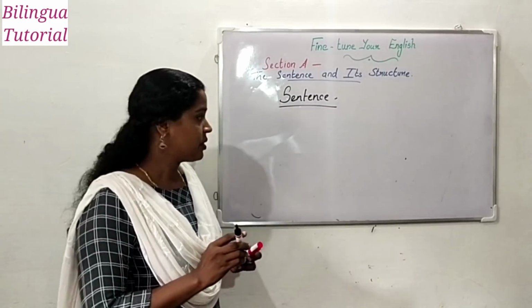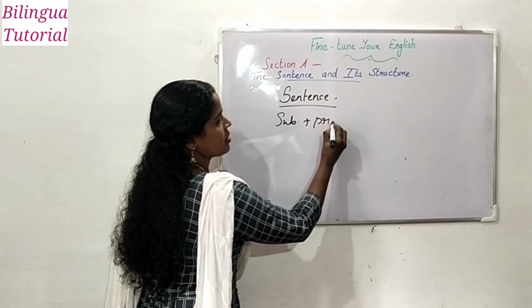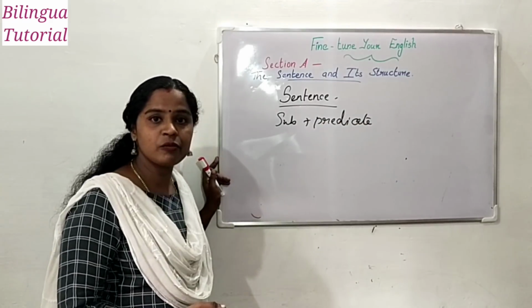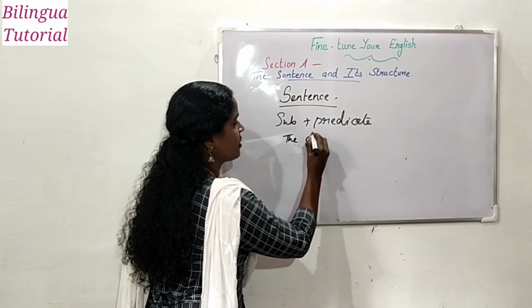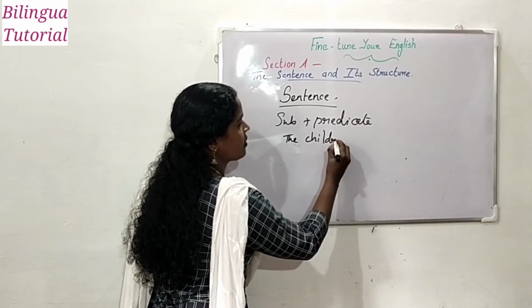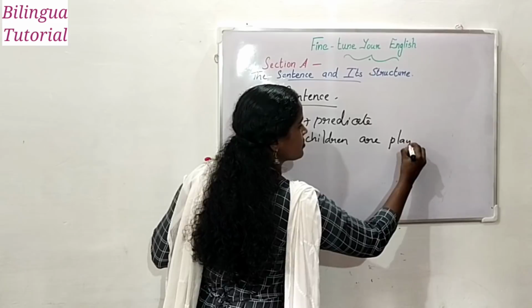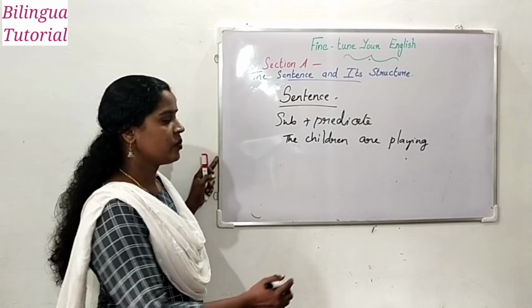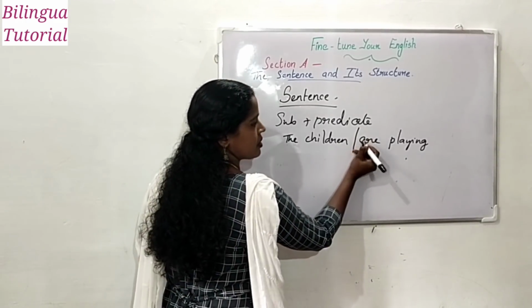Okay, we have discussed subject and predicate. A sentence must have a subject and a predicate, and one example we have written there: the children are playing. And we have divided it here into subject and predicate.